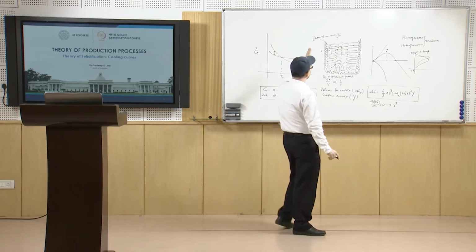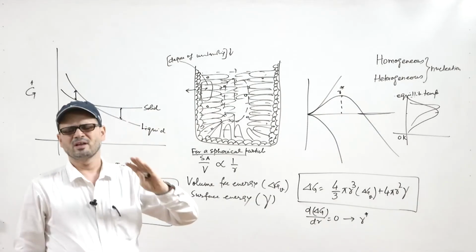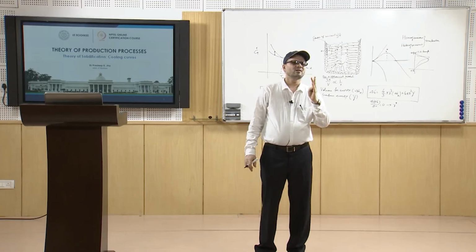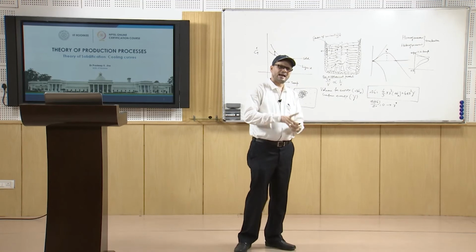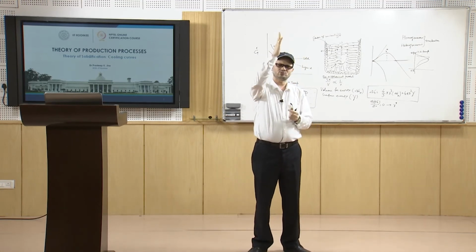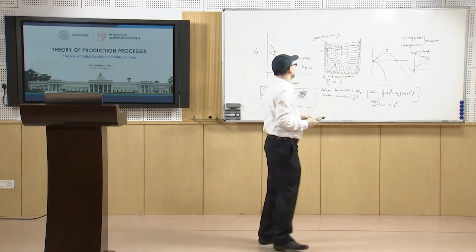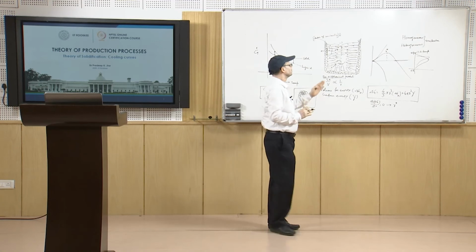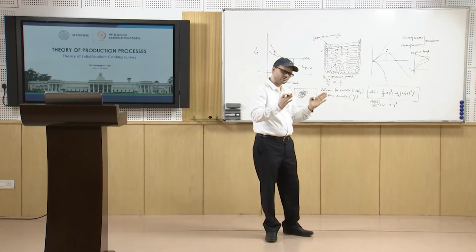Now, as we know, in the case of metals you have the nucleation occurring, and once it has nucleated you will have an interface created. If the growth starts taking place, on one side you have liquid and on the other side you have solid.